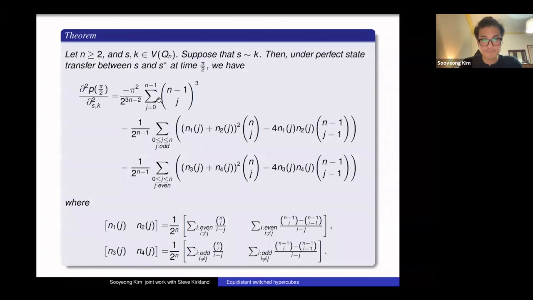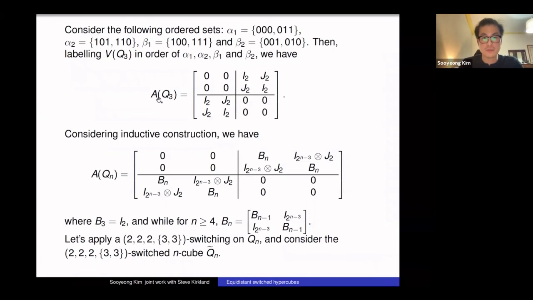So here we completely determine the spectral property of the equidistant switched hypercube for this particular type of switching.